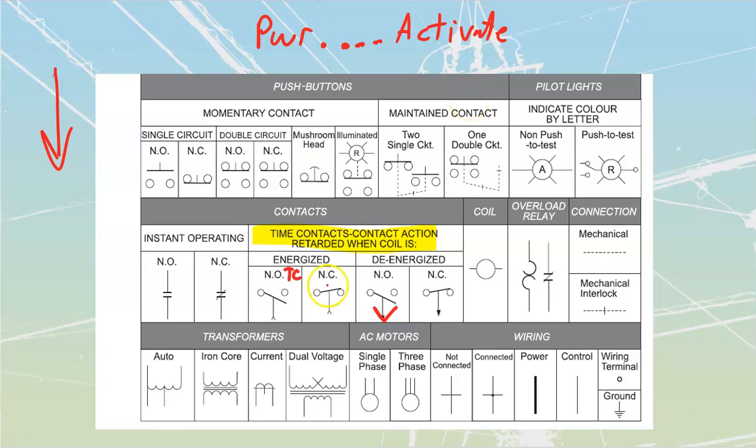NOTC there. This one is normally closed, but when we apply power, it's going to wait, tick, tick, tick, tick, and then it's going to activate. This is a normally closed, timed to open contact. This next group is going to be a little bit trickier. These are going to be my off delay.